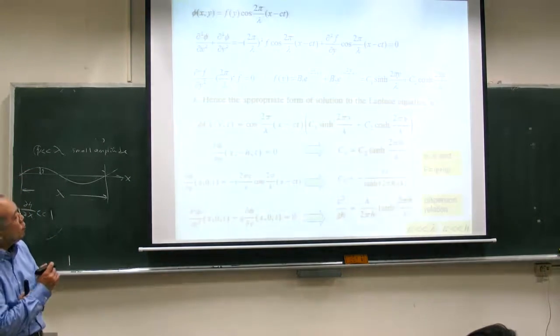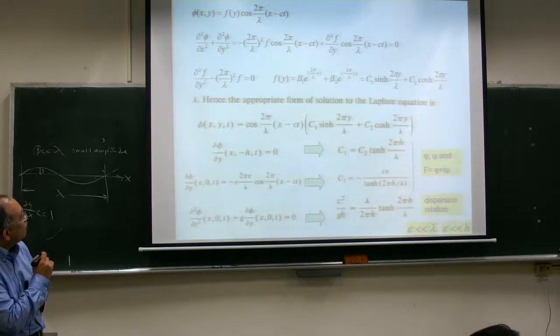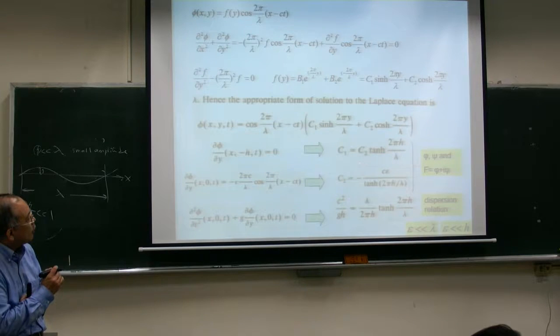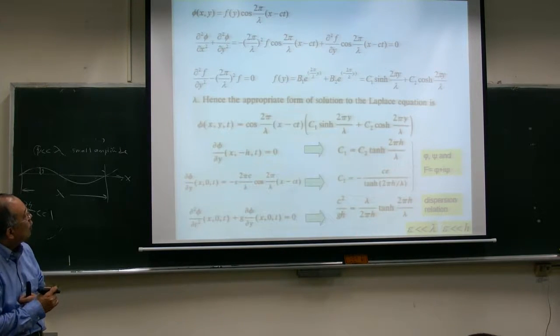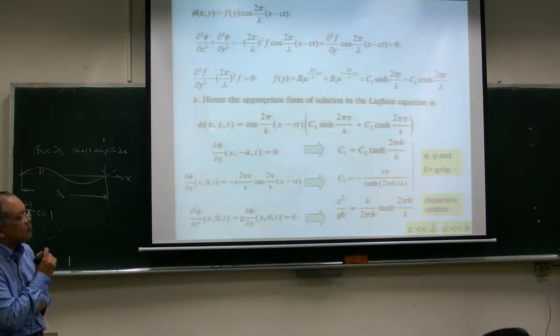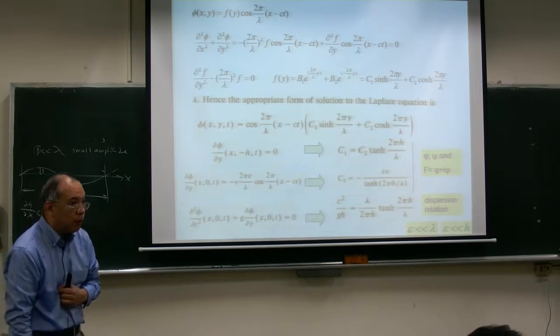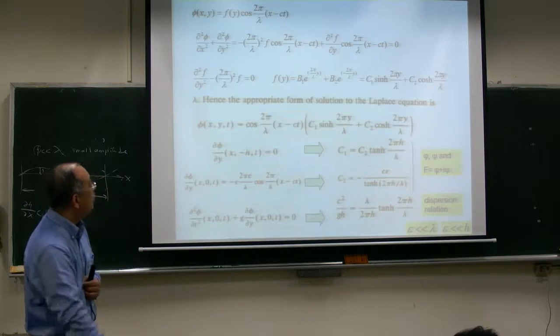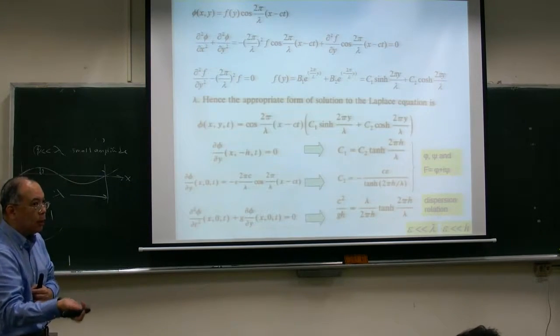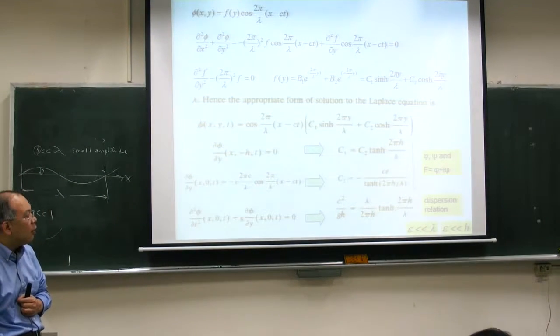So C1 and C2 are already determined, so we know this phi already. C2 is equal to this, and C1 is C2 times hyperbolic tangent of this. So we have our velocity potential already for this physical problem, and this velocity potential can give us the flow field at any point.